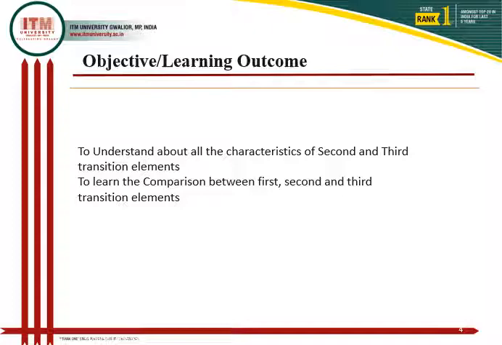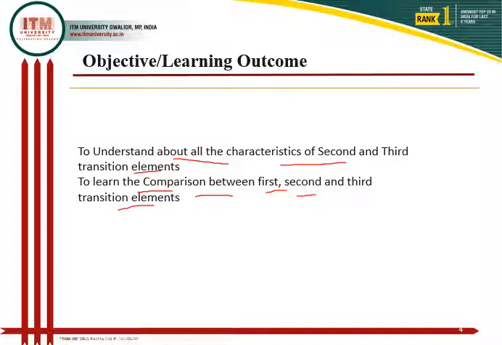What is the objective or the learning outcome of this lecture? The students will be able to understand all the characteristics of the second and the third transition elements, and after this understanding, the student will be able to learn the comparison, similarities and differences of the first, second and third transition elements.